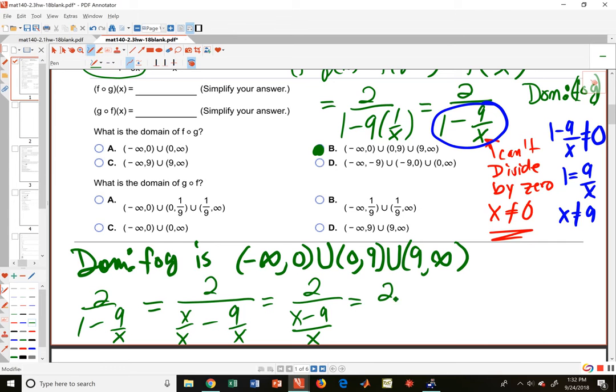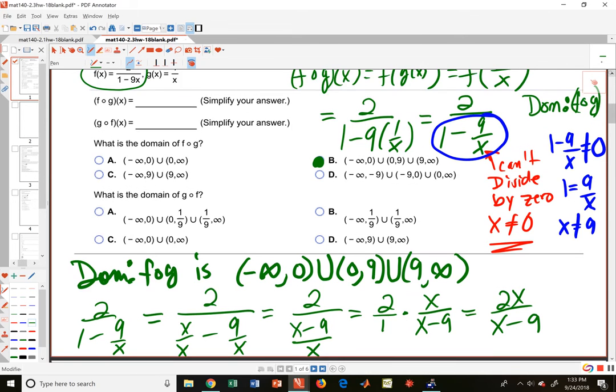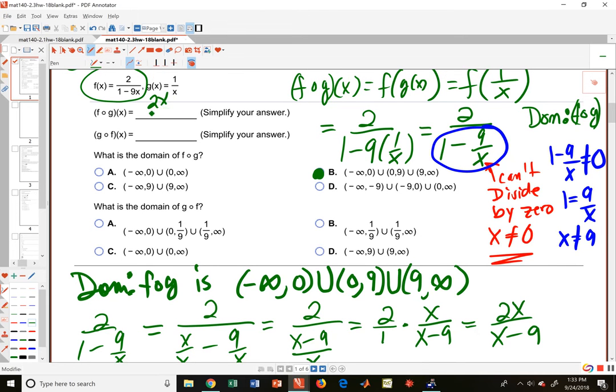And when you divide by a fraction, it's like multiplying by its reciprocal. So you flip that up. And so here is the final answer for F composed with G, where 9 gets left out and 0 gets left out. 0 is not obvious from the simplified one, although 9 is. Maybe 0 was more obvious at the front, but 9 is now obvious here. So we'd put right here 2x divided by x minus 9.